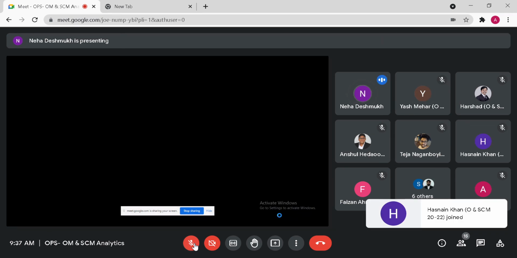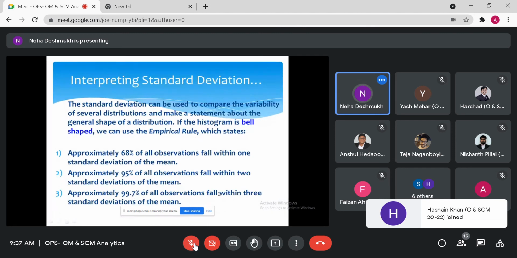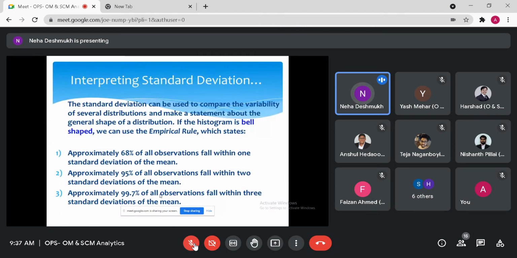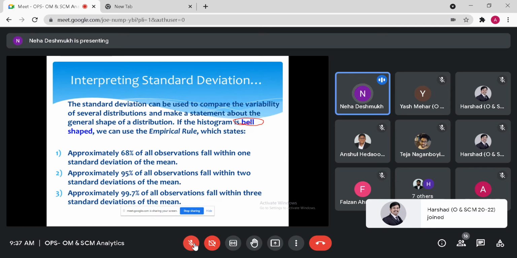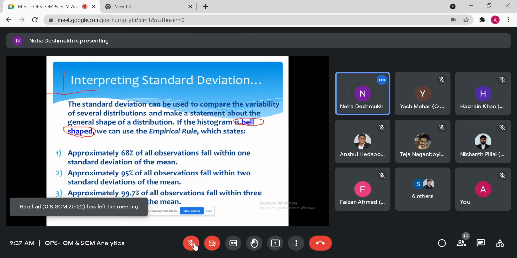So this is standard deviation, variation. Now, one more rule is there to interpret standard deviation. When the data distribution is bell-shaped, meaning symmetric around the mean. We have discussed this word bell-shaped, normal distribution.